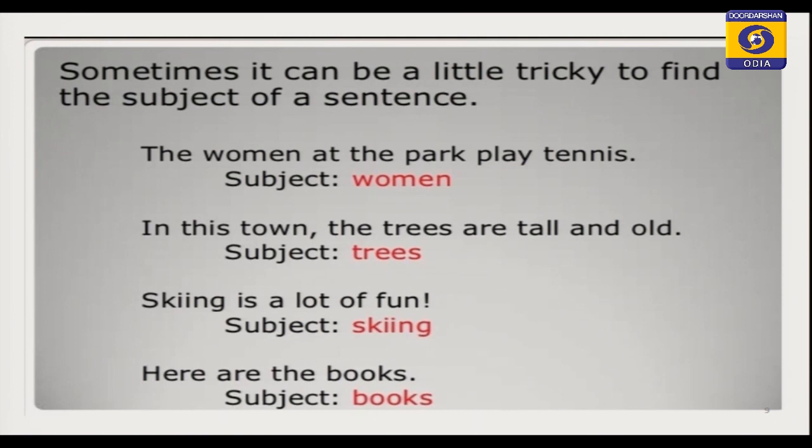Now come to the last sentence. Here are the books. So we can reverse this sentence and write it like the books are here. The verb is are. And in this sentence, the subject comes after the verb.